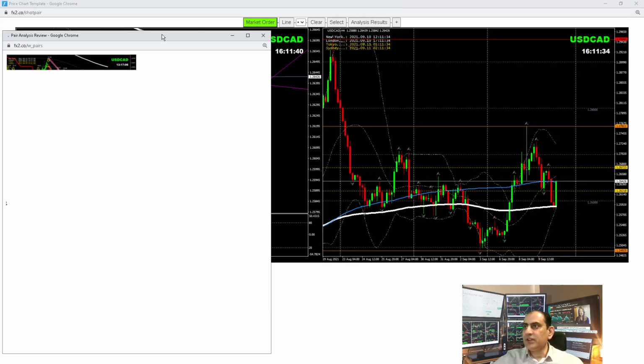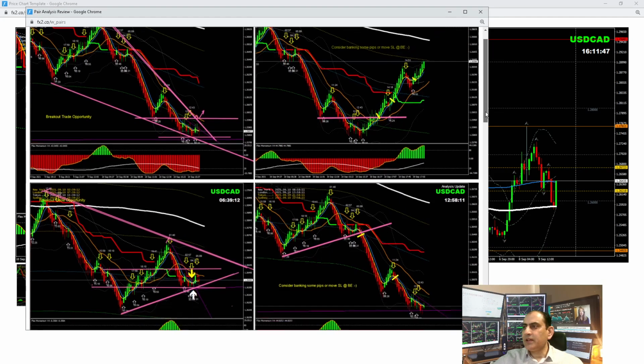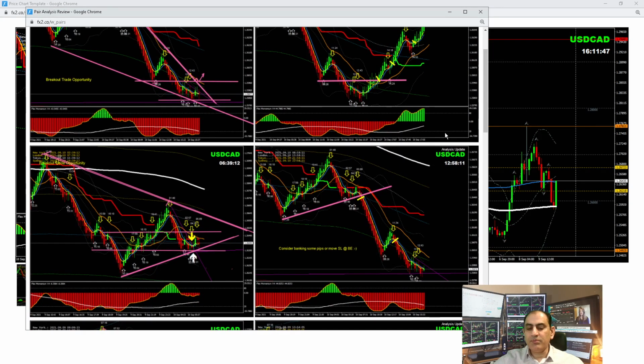Okay, so if I show you the intraday analysis, this morning, as you can see, our bias was short on dollar CAD from yesterday, just before London Open. I explained to my traders, look for this breakout. Even here, the price broke and developed a false breakout. That's what I explained to my traders to look for.